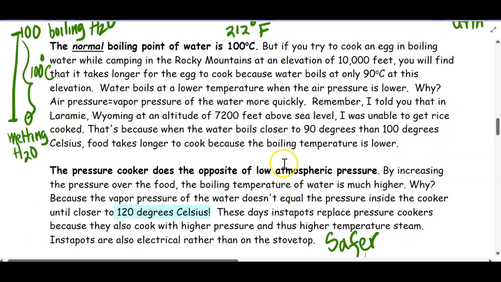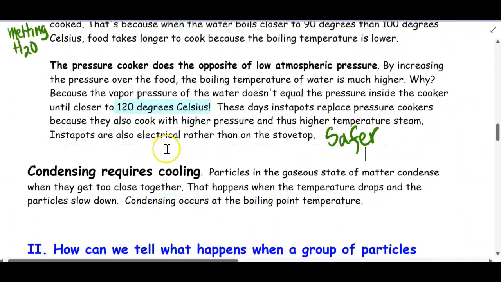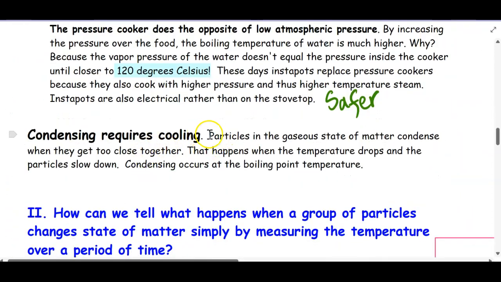Condensing. We've talked about boiling, right? Now, condensing requires cooling. Particles in the gaseous state of matter condense when they get too close together, remember? We said that's when gases that were supposed to be ideal become a little trashy. I made that up. It's because they get too close together.